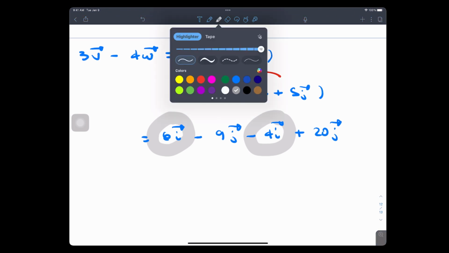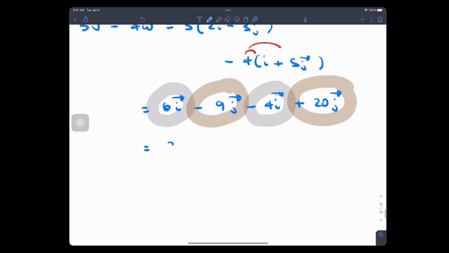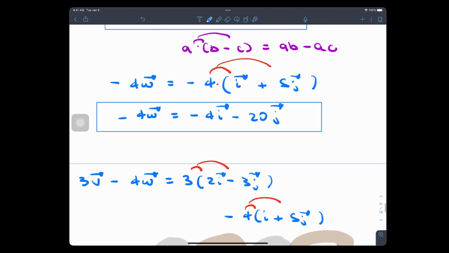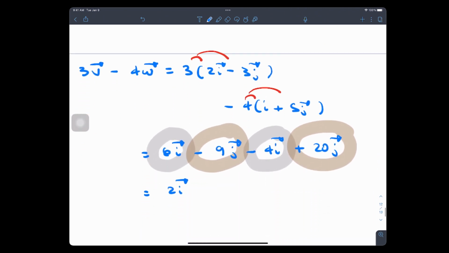So if they started this off, here we go. Six I minus 4I is what? 2I. Did we make a mistake? I plus. Oh, that's minus. Yeah, we did. This is a minus. Okay.